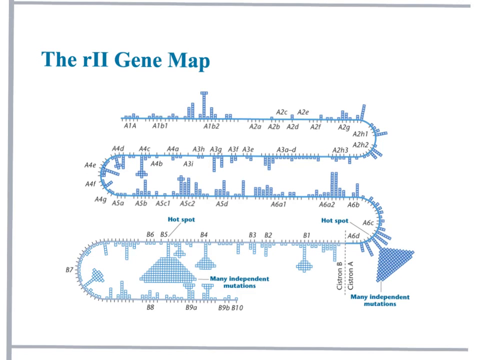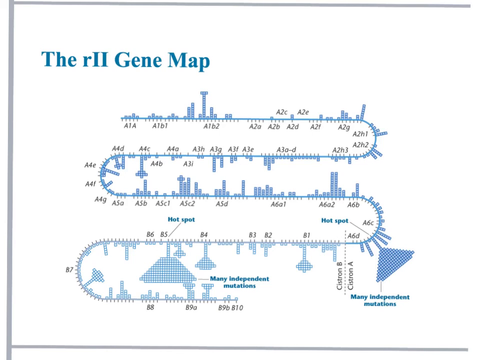Here's a good one. This gene map, I think it's with the rII, and I forget what that stands for. I took this out of your textbook, and as I'm flipping through, I'm not finding it right away. But at any rate, this is a picture. It's actually a partial map of the mutations in the A and B cistrons at the rII locus of the T4 phage.